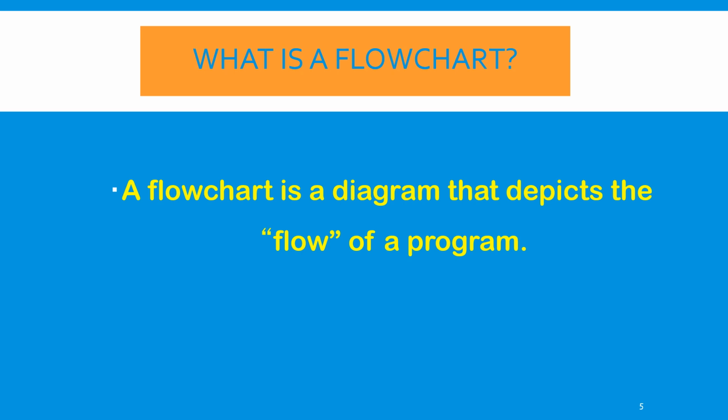By definition, a flowchart is a diagram that depicts the flow of the program, how the program will start, how it goes through various stages, and finally how it gives us some outputs, if at all there is any, and how it is going to come to an end. So from the start to the stop, we have a flow that can be marked through various stages.